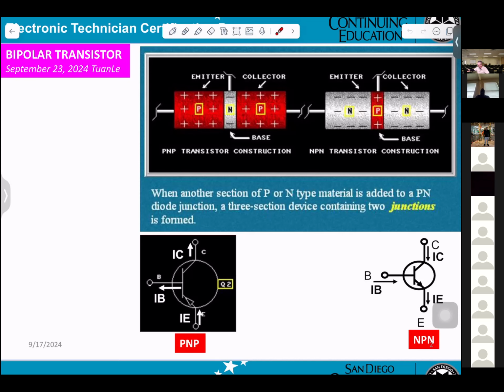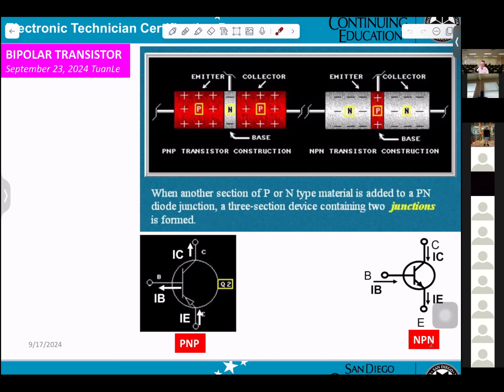A PN is a diode. So basically you get two diodes, PN one diode, PN another diode. Basically two diodes will make up the transistor.